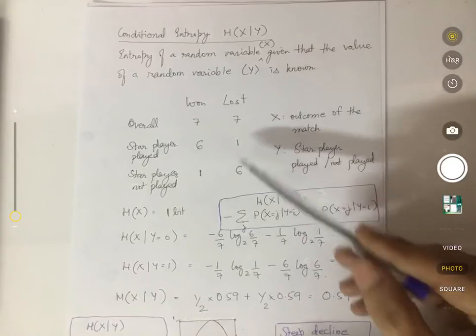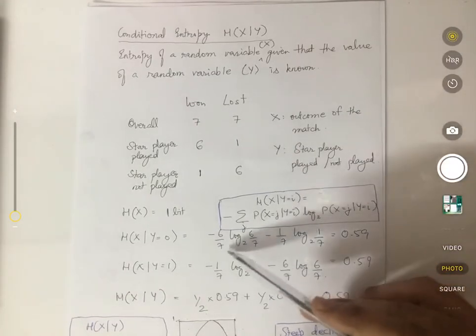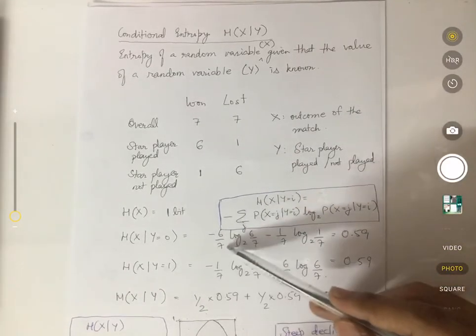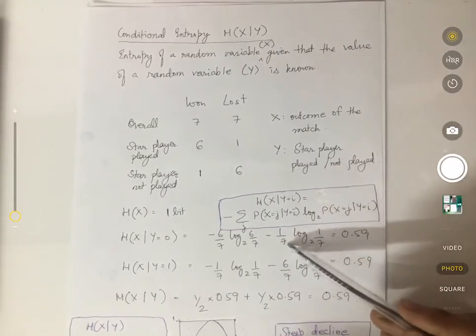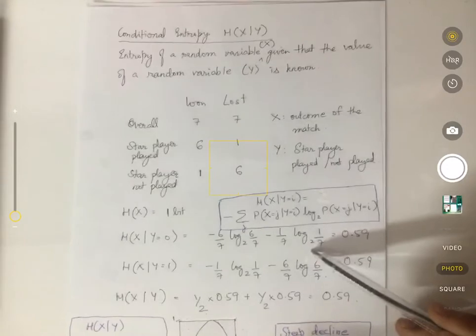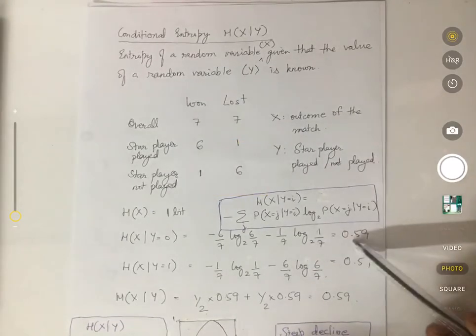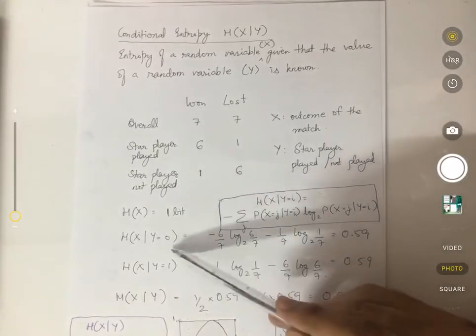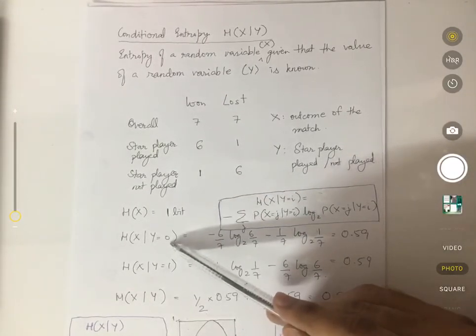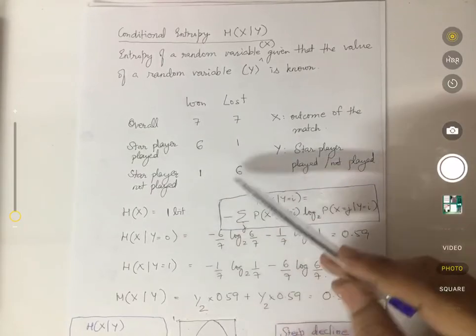So the entropy in this case would be minus 6 by 7 log 6 by 7 to the base 2 minus 1 by 7 log 1 by 7 to the base 2, and that turns out to be 0.59, and we represent it as H of X given Y equals 0. Now what are X and Y?